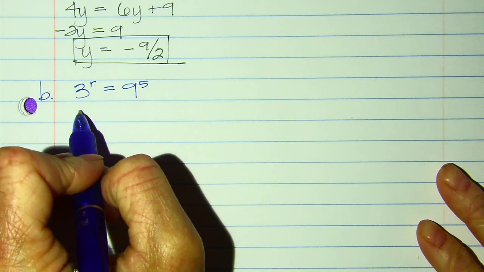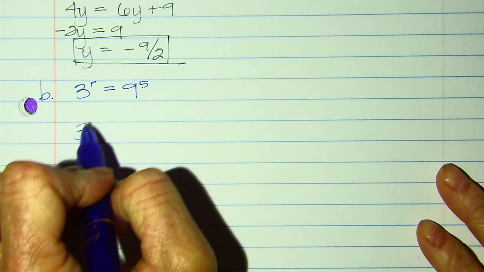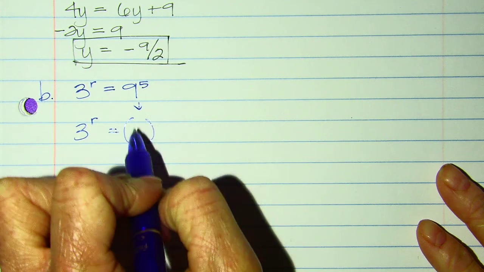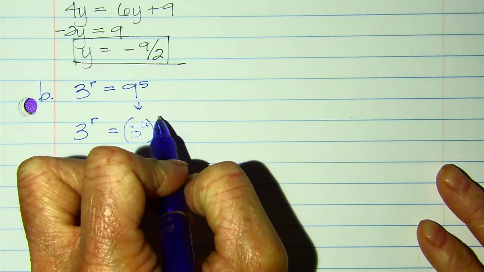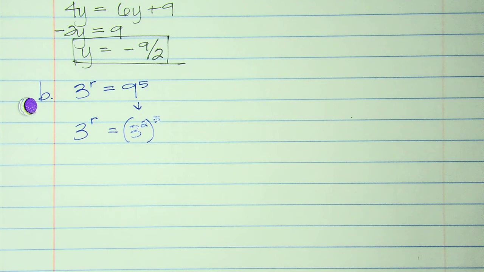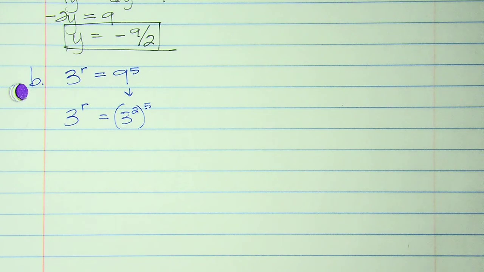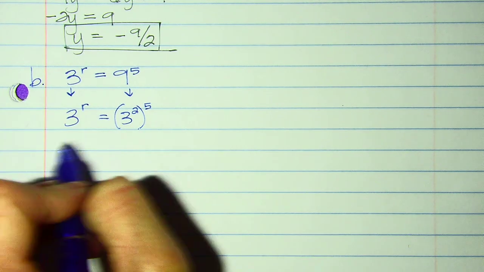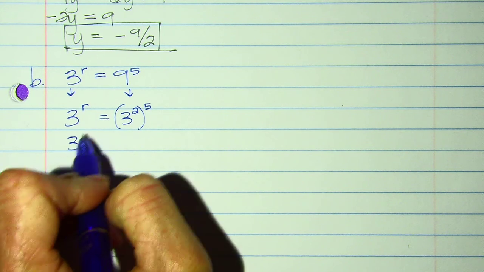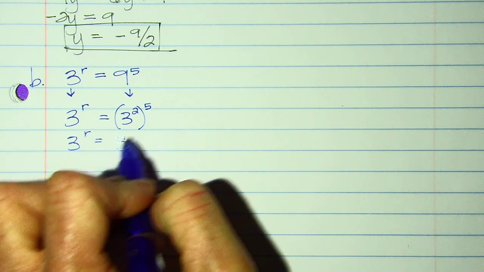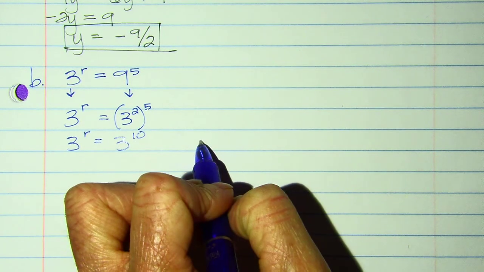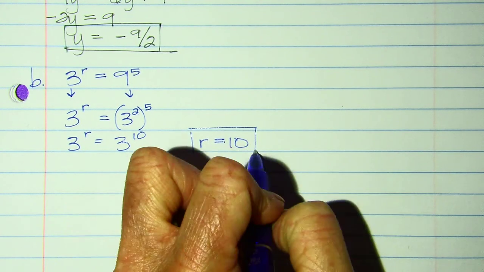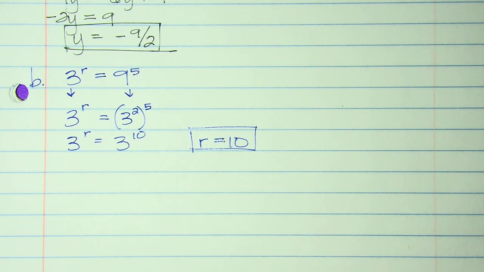So I can leave this as 3 to the r equals, I'm going to rewrite 9 to be 3 squared, and then there's still a 5 on the outside. Now I'm going to multiply my exponents. So 3 to the r equals 3 to the 10th. And then last I get to set my exponents equal to each other. So r must equal 10.